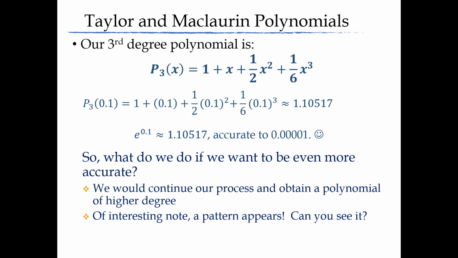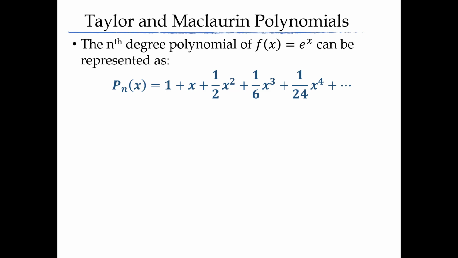Of interesting note, a pattern occurs. Can you see what the pattern is? The nth degree polynomial of f of x equals e to the x can be represented as 1 plus x plus 1/2 x to the second power plus 1/6 x to the third power plus 1/24 x to the fourth power, and so forth. So what would be the nth term?